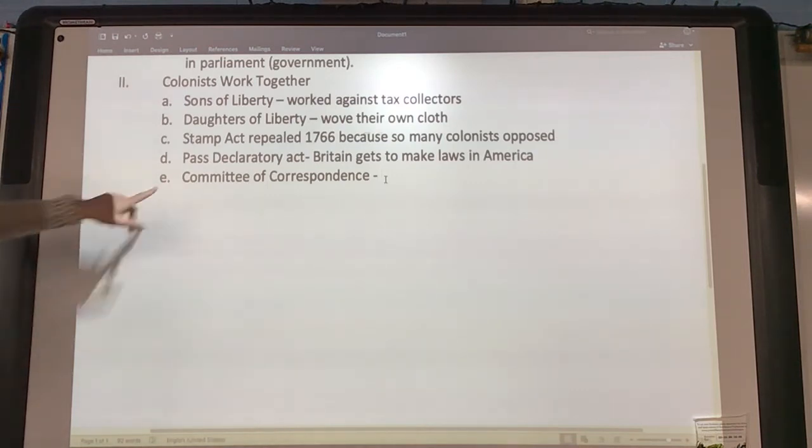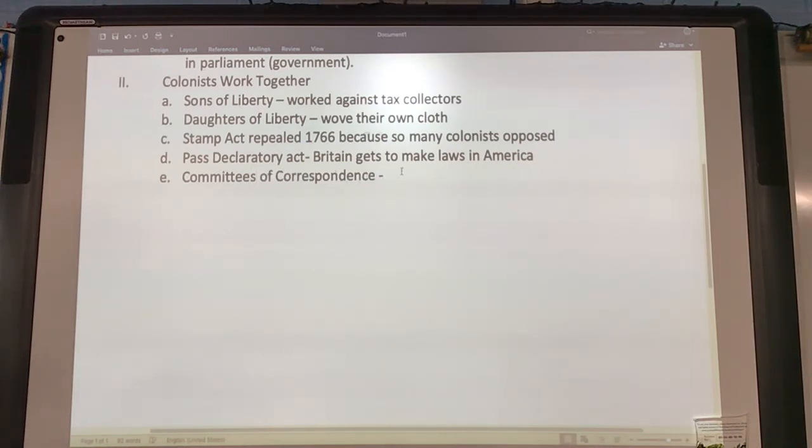Yeah, we got a letter E. We're going to add some more here. That's a long word. It is. Wait, is that all one mark? No, this is 3. Committees of Correspondence. That's a big word. That's what you're writing down.